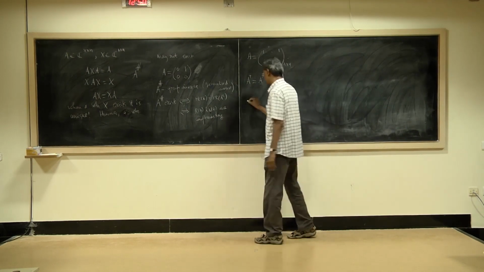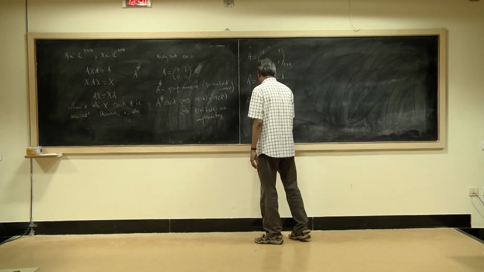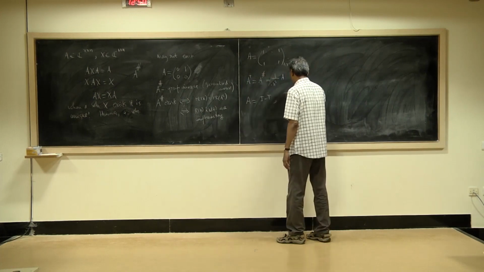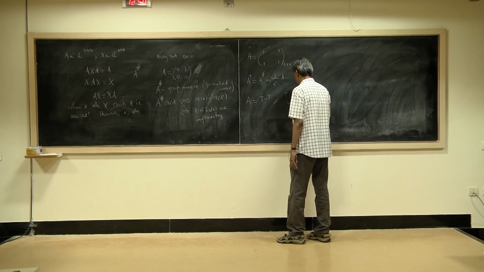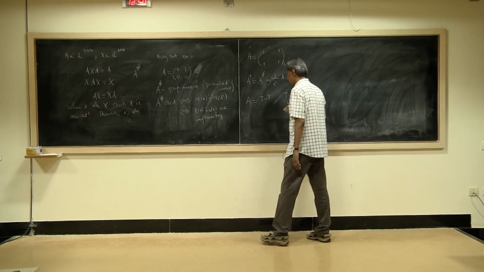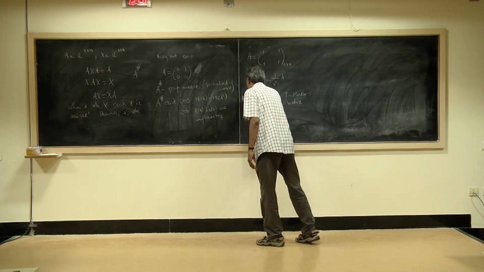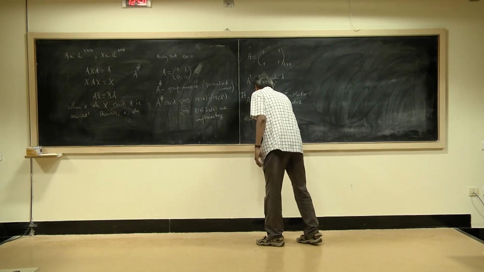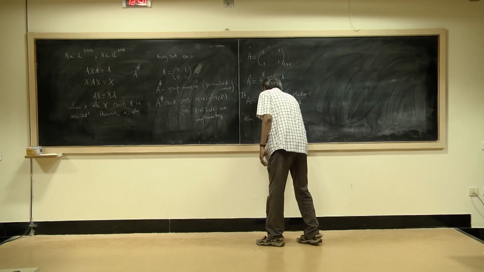So if A is I minus T, where T is a Markov matrix or a transition probability matrix, then the group inverse A hash exists.